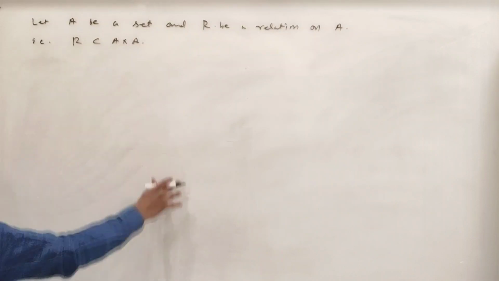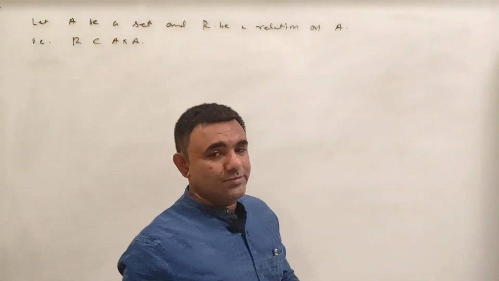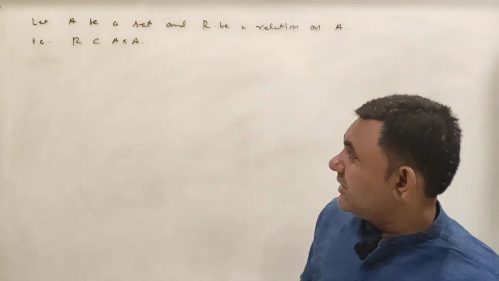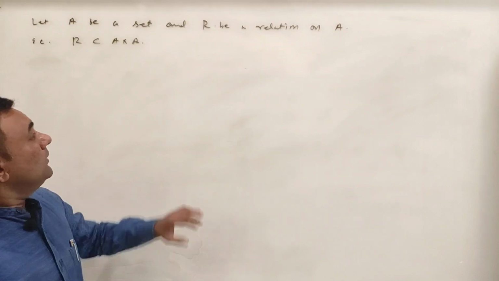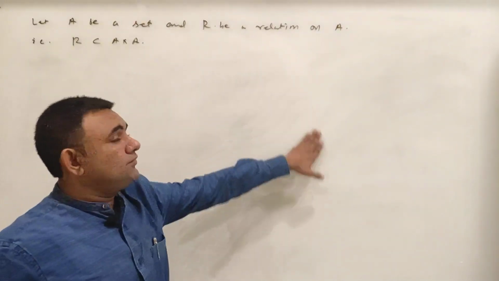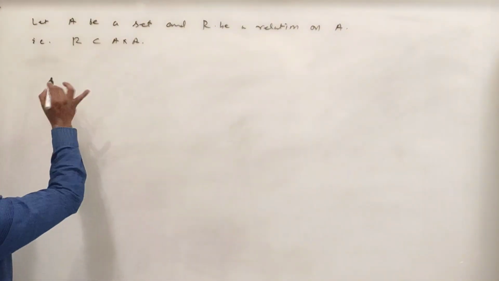So now we define types of relations in the next lecture. So our next agenda is what? We define certain types of relations. So let me just give the names.